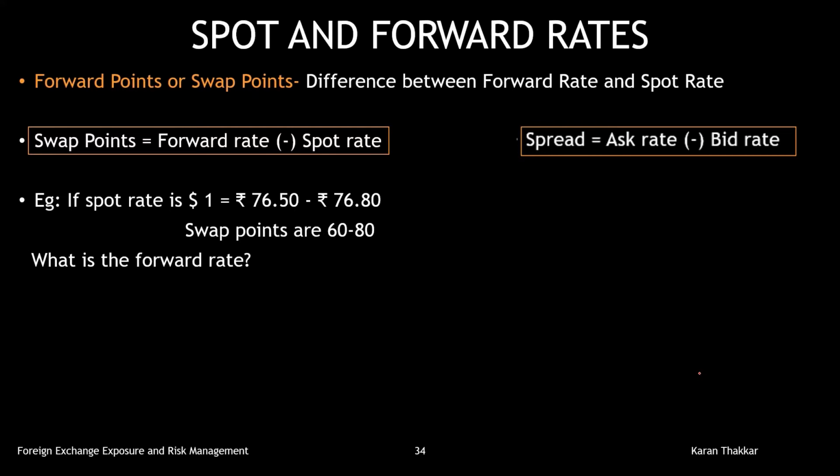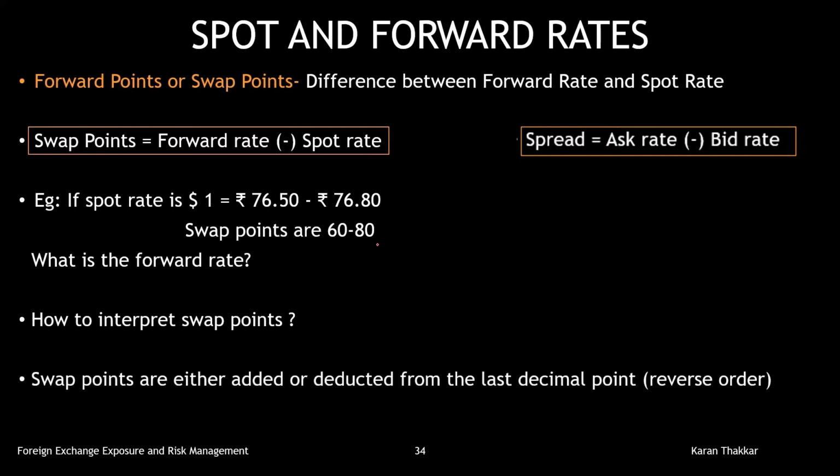In this case it means 60 to 80 pips. How do you interpret swap points? These are 60 to 80 pips, and you either add them or deduct them from the last decimal point, and this has to be done in reverse order. Let me illustrate this, that would make it pretty clear.